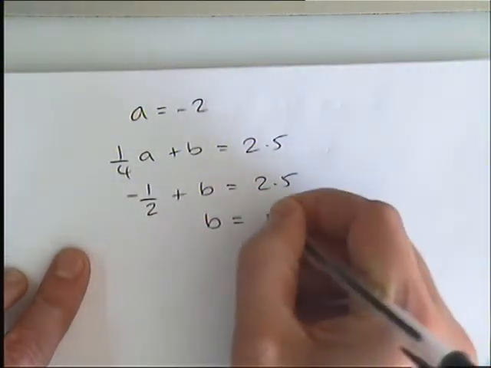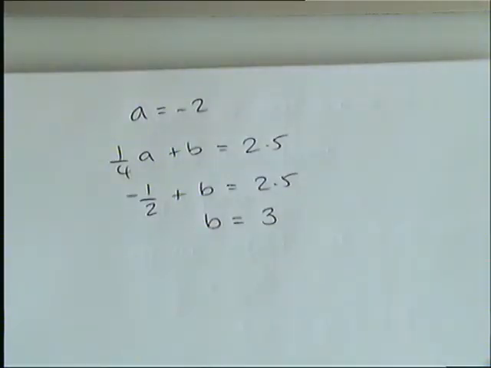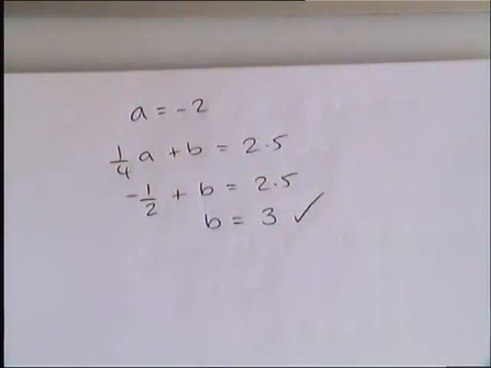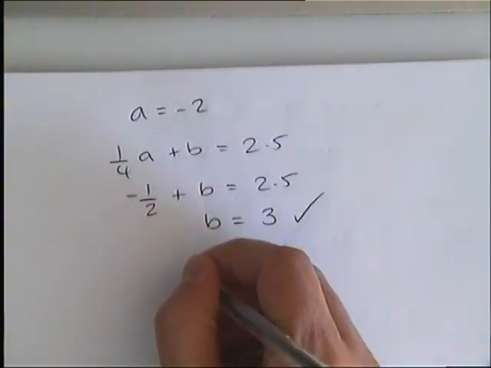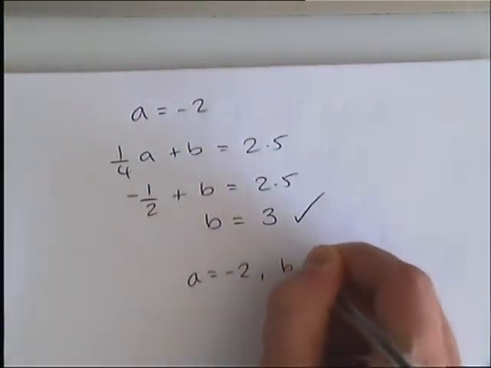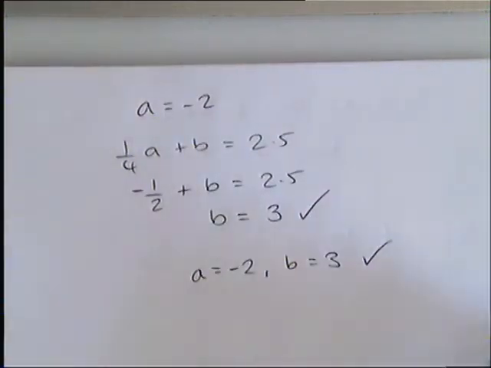So b is equal to 3, which is correct. So the answer to that part a was minus 2 and 3, all correct.